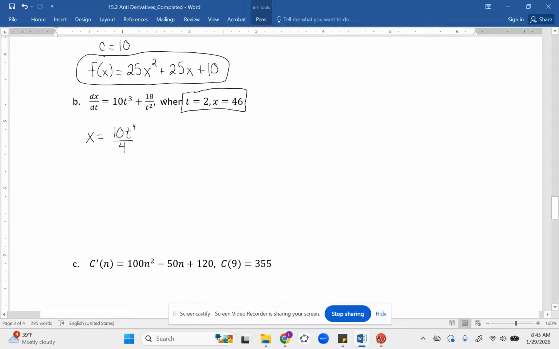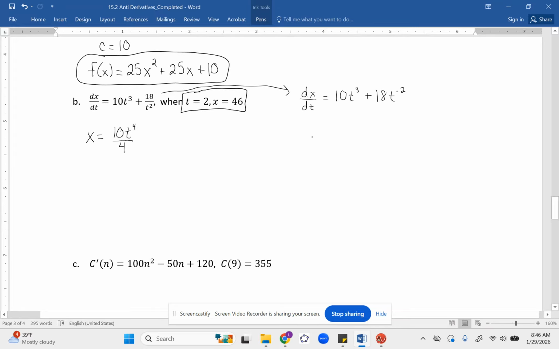Oh, I forgot to rewrite it first. I'm going to rewrite it over here. How do I rewrite this? I have 10t to the third, and I'm going to rewrite 18 over t squared as plus 18t to the negative 2.